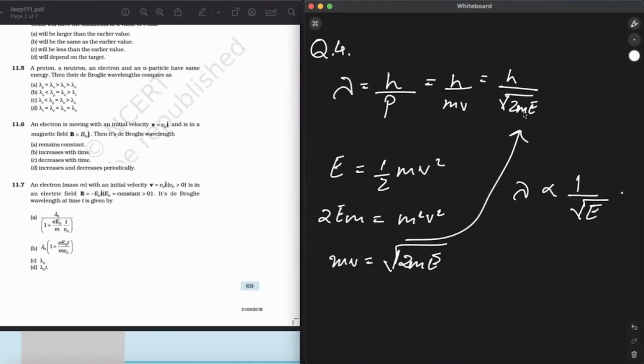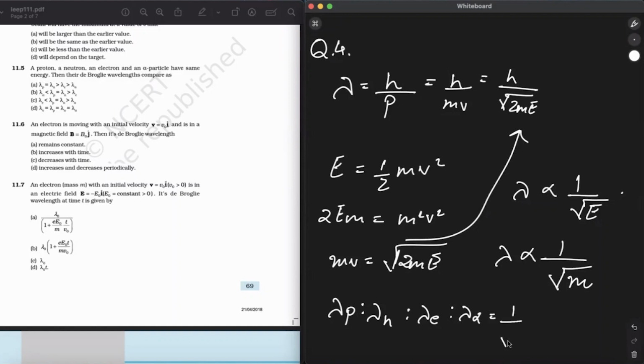Now we consider the mass, so lambda is inversely proportional to 1 upon root m. So lambda proton, lambda neutron, lambda electron, and lambda alpha particle will be in the ratio 1 upon under root mass of proton, 1 upon under root mass of neutron, mass of electron, and mass of alpha particle.